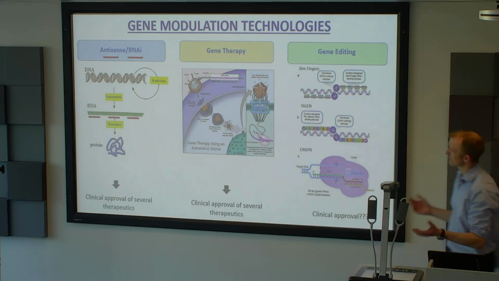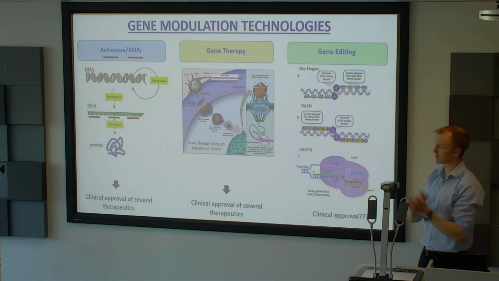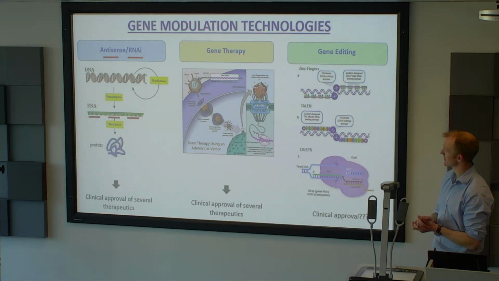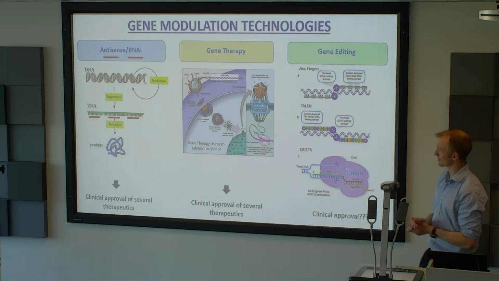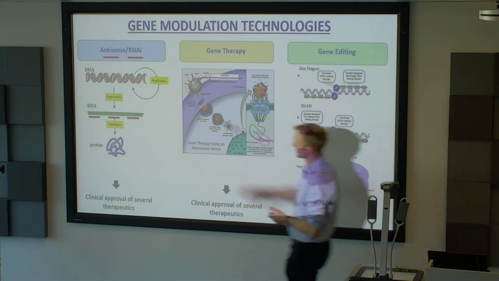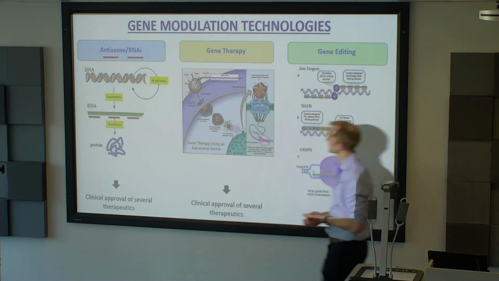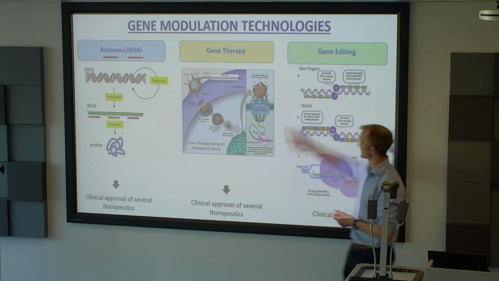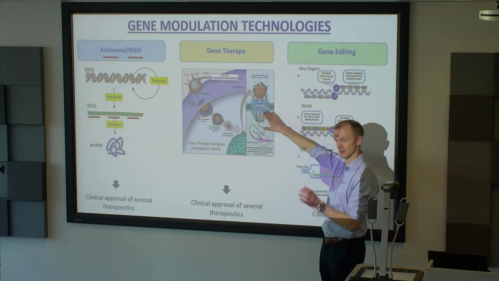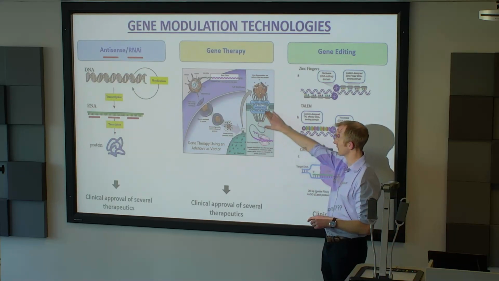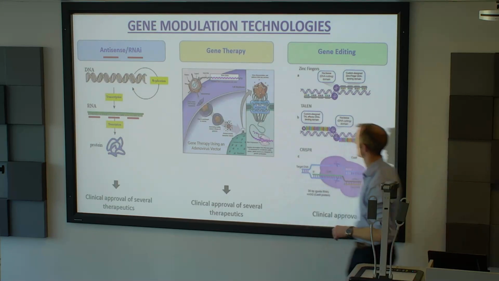And as I'm going back to my first couple of slides, there are many ways you can do that. You can modify the genes of humans through antisense or RNA interference. You can block the expression of a gene, and there's a number of clinically approved drugs for that on the market. There's a number of gene therapies now where you can replace missing or defective genes, using a viral vector to get that gene into host cells.